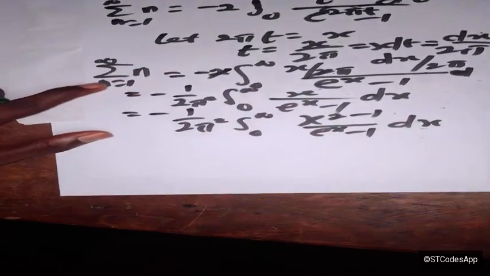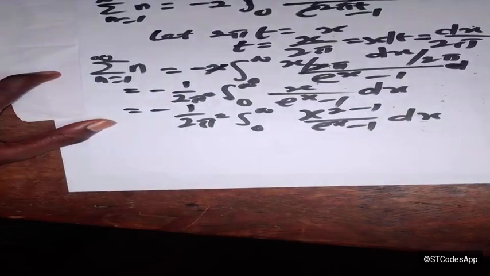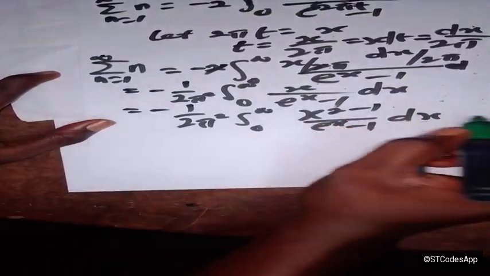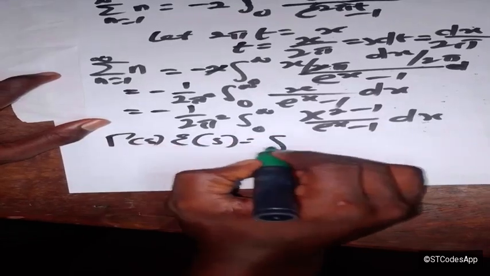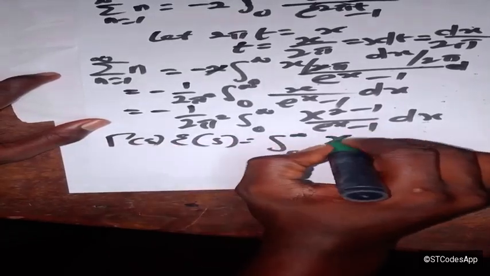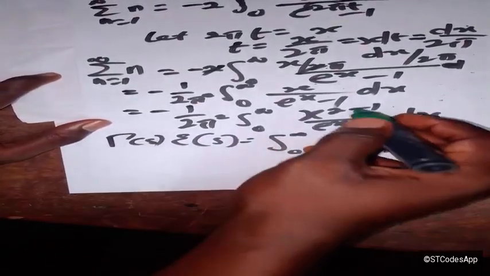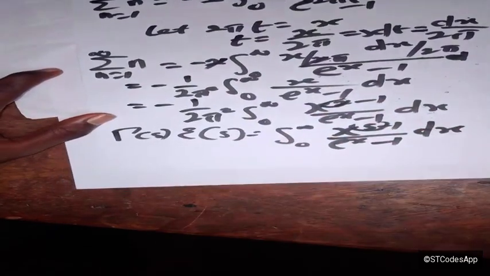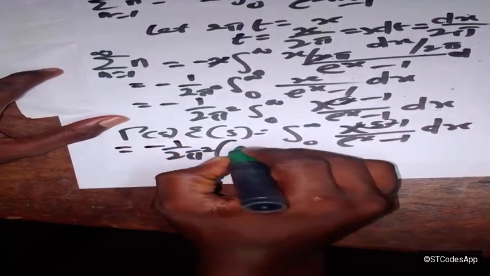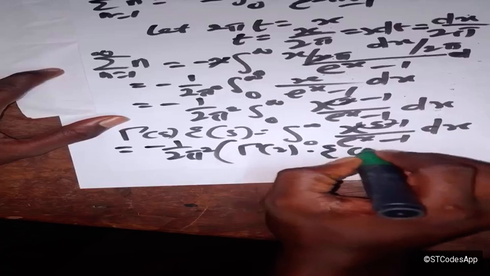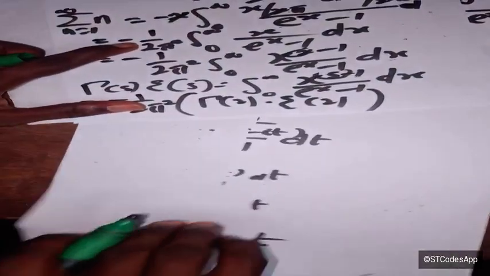From the Bose integral I taught in my previous class, gamma of s multiplied by zeta of s is equal to the integral from 0 to infinity of x raised to the power of s minus 1 over e raised to the power of x minus 1 dx. So our s here is 2. So this will be minus 1 over 2π² multiplied by gamma of 2 multiplied by zeta of 2.